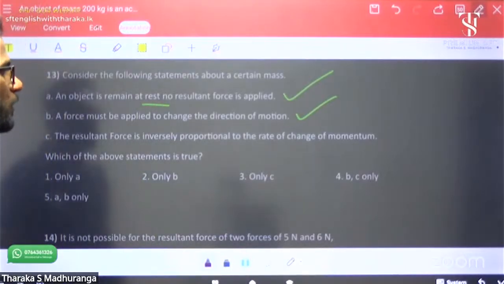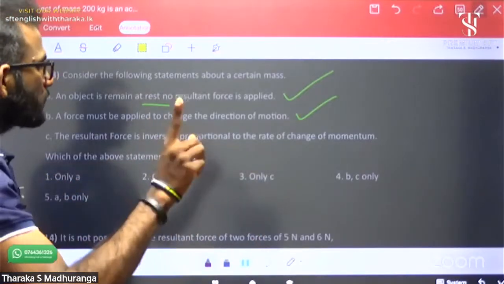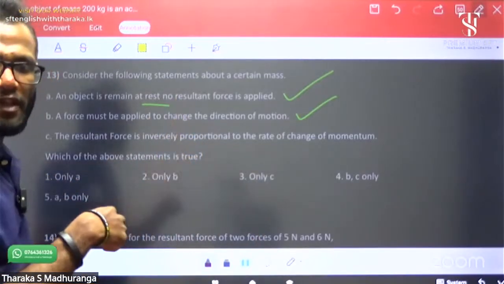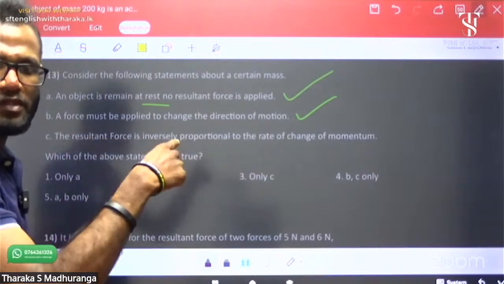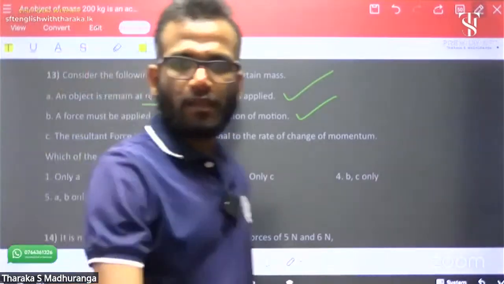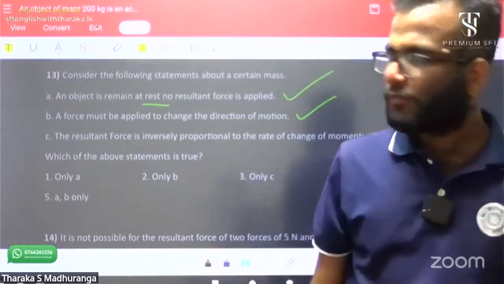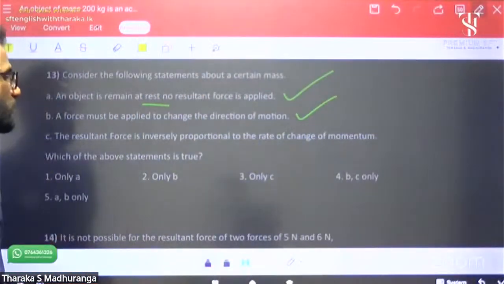It's wrong. Yeah, it's wrong due to one word. Can you correct this statement? Very good. It is directly proportional.